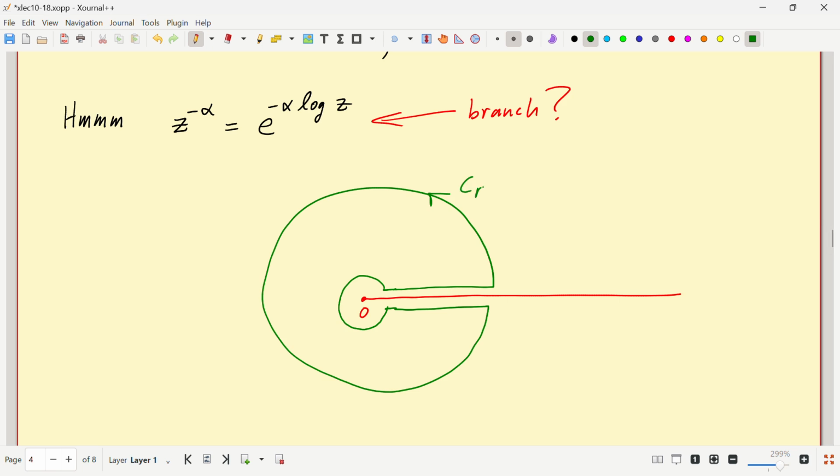I'll call this C sub r. This is r here, and this is epsilon here. I'm going to call this minus C sub epsilon. I'll call this top and this bottom. I like to think of that as a Pac-Man contour.